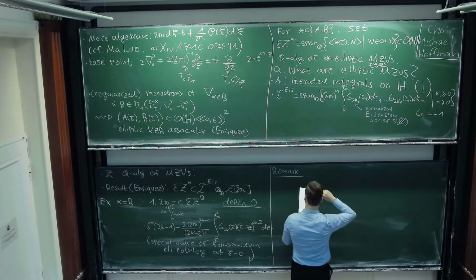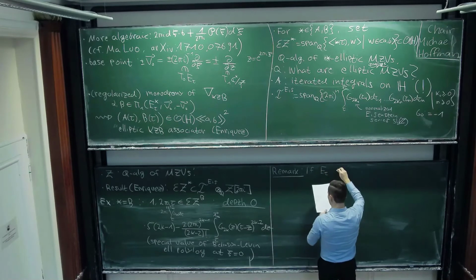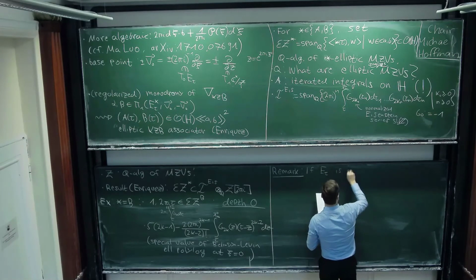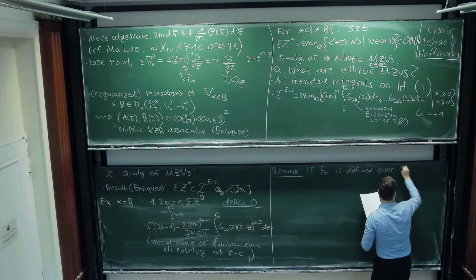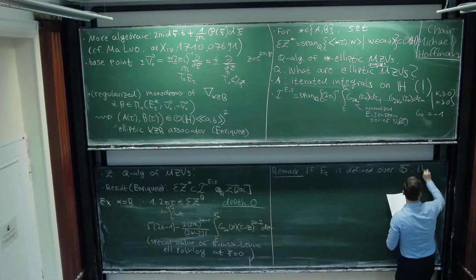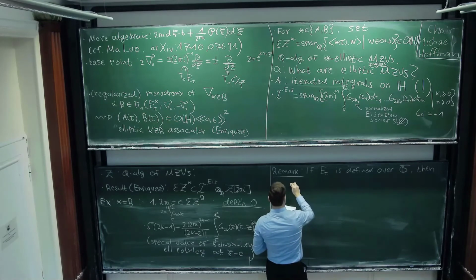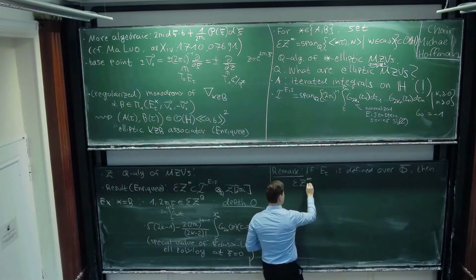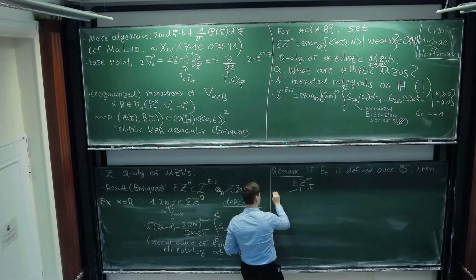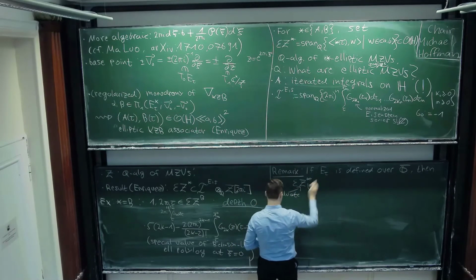So if the punctured elliptic curve E tau is defined over a number field, then you can look at, let me put it like this, what happens if you evaluate elliptic multiple zeta values at the same tau as the elliptic curve here.